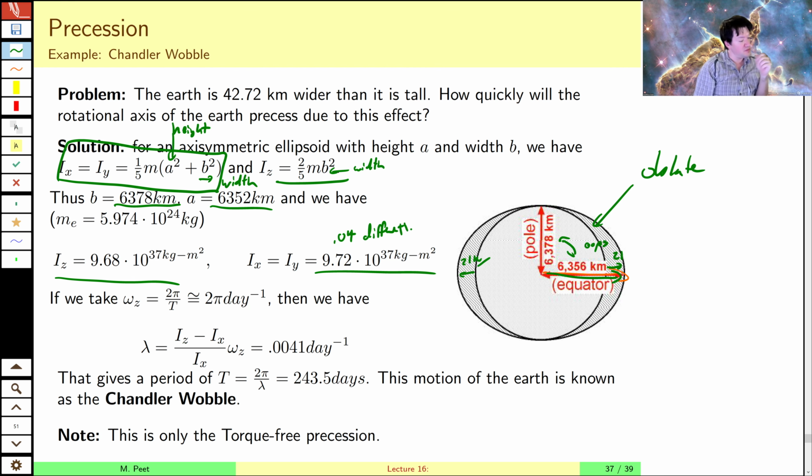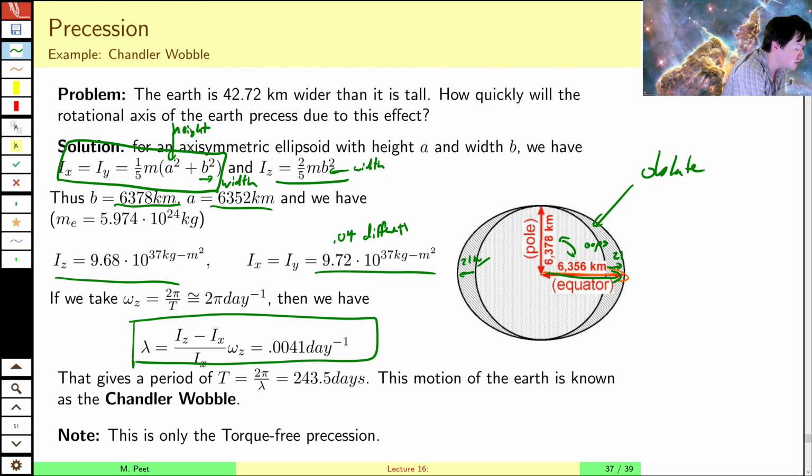So, but that's enough. That's enough that we can calculate the nutation rate. And so we can do so. We can plug it into our formula for this nutation rate. So this bit is 0.04, and this bit is about 10, right?